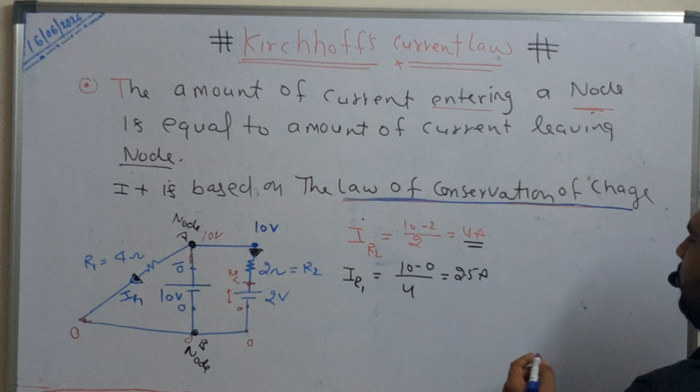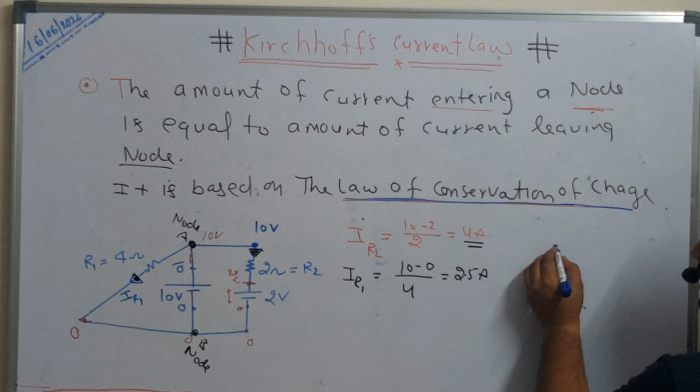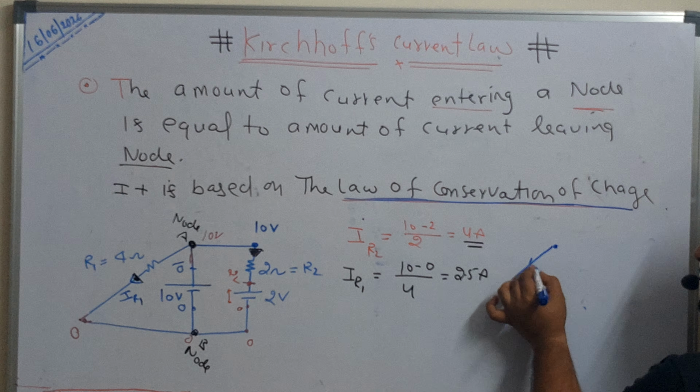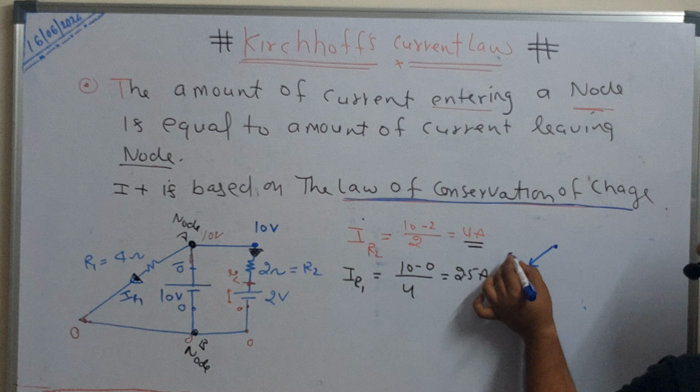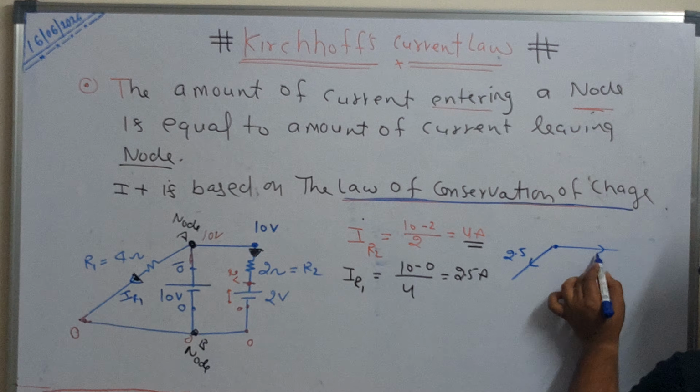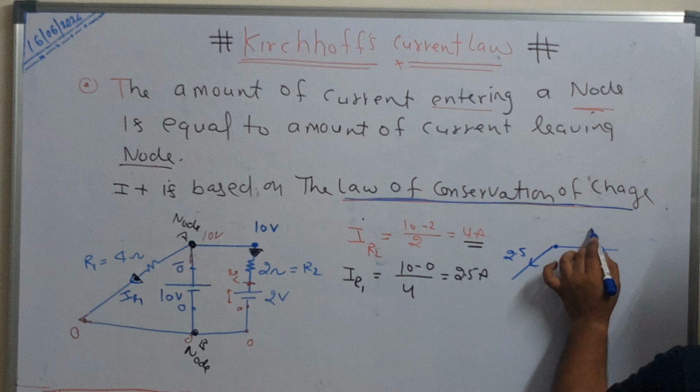Now look at node A. This is node point A. In node A, one current is going like this, that current is 2.5, and the current going this side is 4 ampere only.